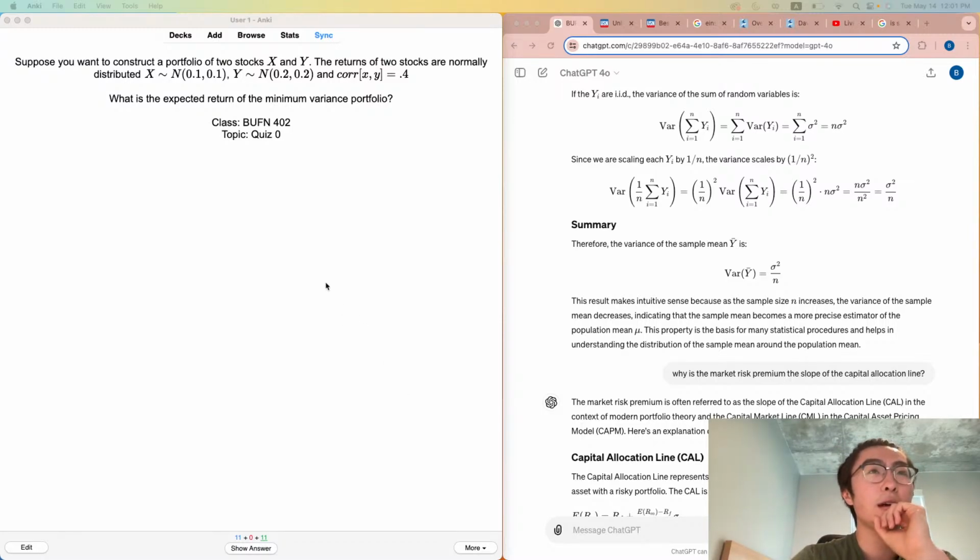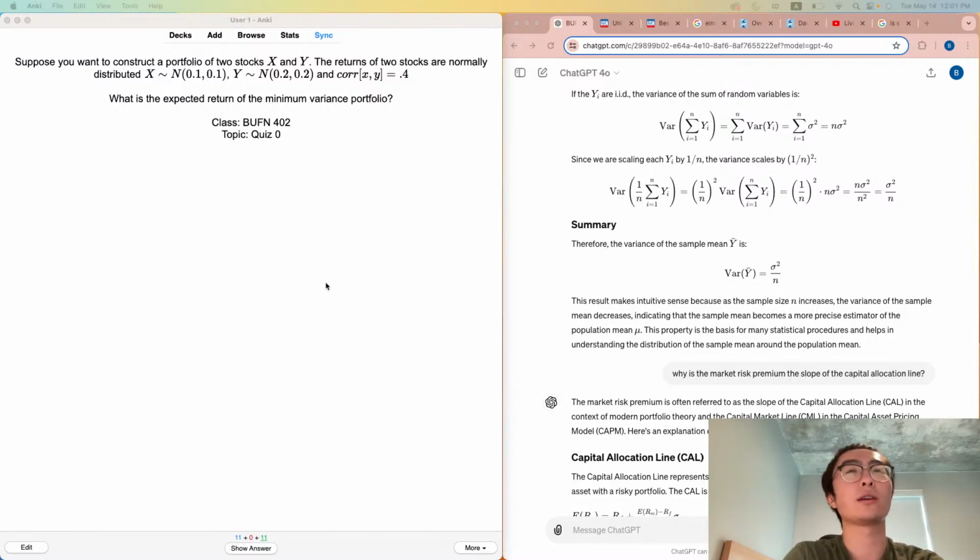The variance here is a bit complicated because we're going to do the variance of x plus y. The variance of x plus y is, I believe, w squared times the variance of x, plus 1 minus w squared times the variance of y, plus 2 times the covariance of x and y.